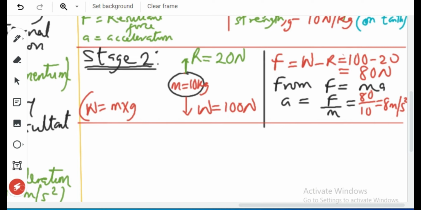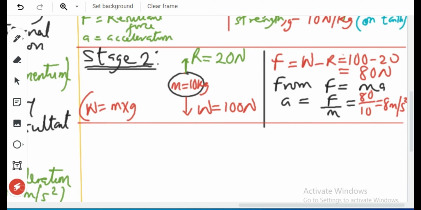It is still an acceleration. It's just that it is a decreasing acceleration. It is still moving faster, but now at a slower rate. Okay, so the acceleration has decreased.